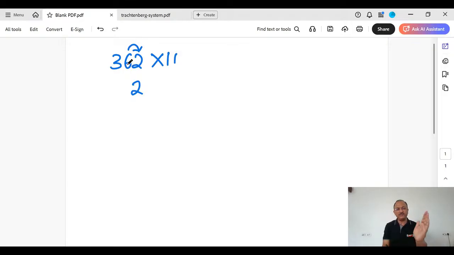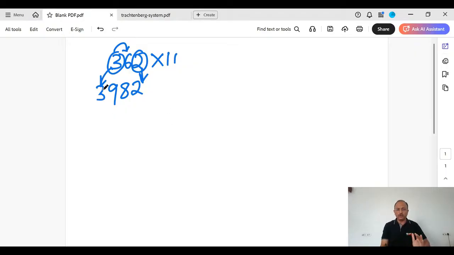The neighbor is the number on the right side of this. 6 plus 2 is 8. What we used to add previously, the same thing I'm doing here. Then we go to the next digit, that is 3. We add its neighbor, that is 6. 3 plus 6 is 9. Finally, 3 we write at the last. The first number will come first, and the last digit will come at the last.